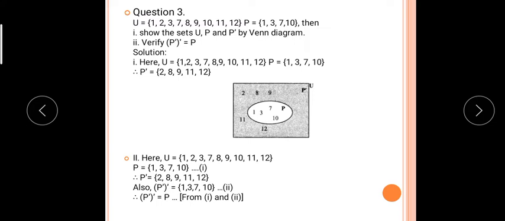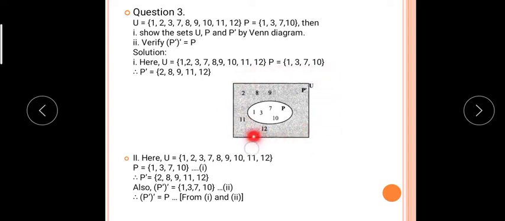Don't be confused. Write properly in your notebook. Understand well. First important thing, subset. Subset means all the elements are in that set. Complement means the elements which are not present in the given set. Means P set and P dash. P dash is the complement, the elements which are not in P. And how to represent it in the Venn diagram?